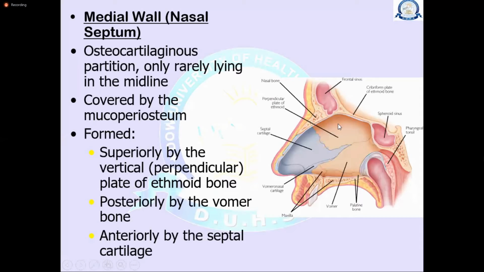Superiorly you have the perpendicular plate of the ethmoid bone. Posterior-inferiorly you will have the vomer, the boomerang-shaped bone, and wedged in between the two bones on the anterior aspect you will have the septal cartilage.